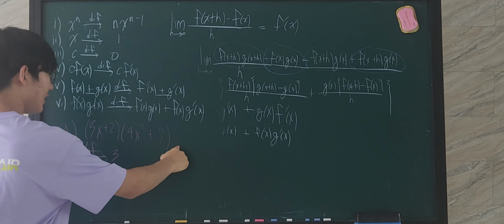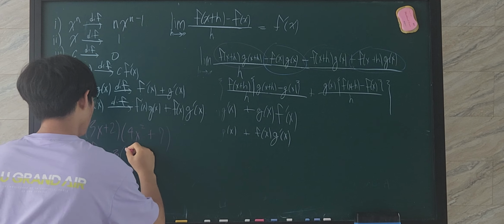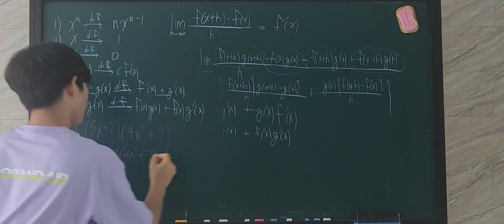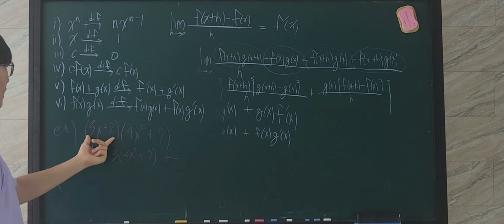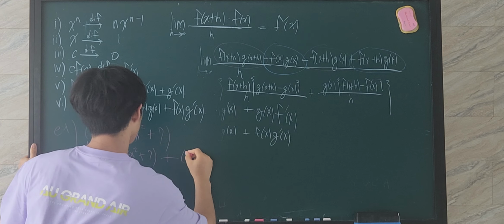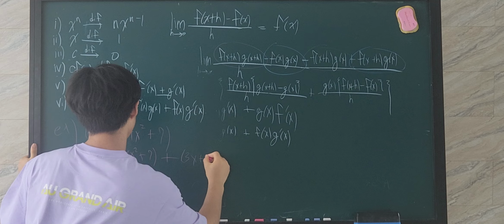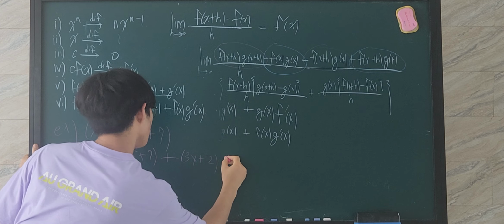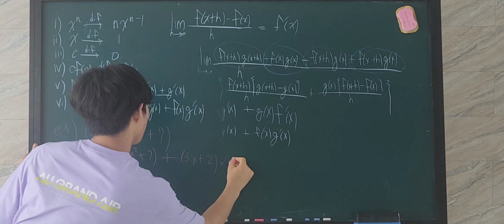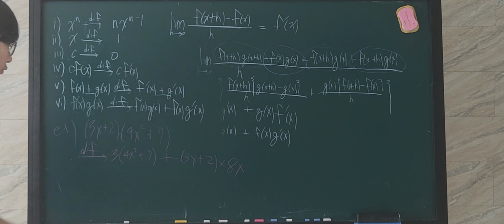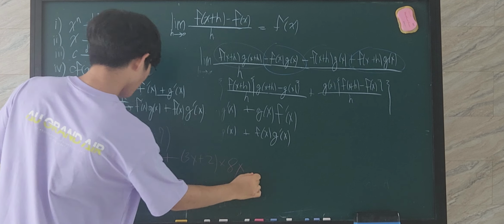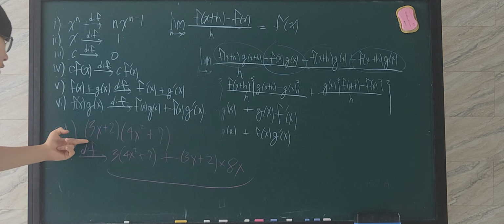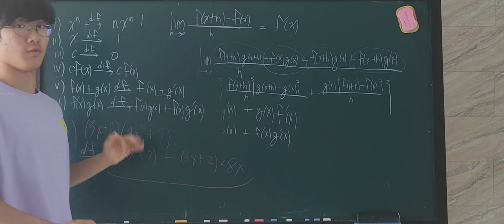And then I leave this latter part alone, which is going to give me 4x squared plus 7. And then I add them, and then I do not derive the first part, f x. However, this time derive the latter function, which is going to give me just multiplied by 8x. So when you evaluate this equation, then this is going to be the value of the derivative function when you differentiate these multiplied functions.